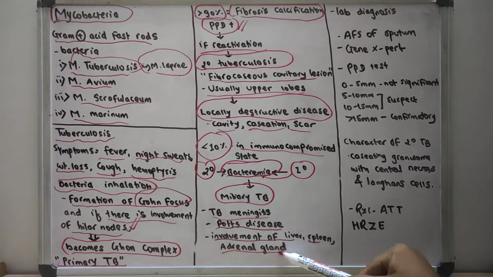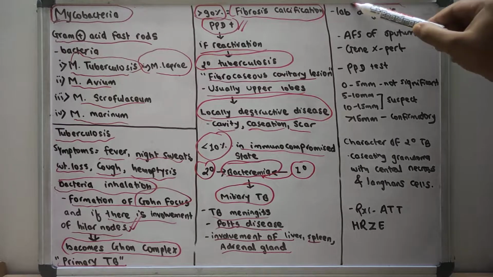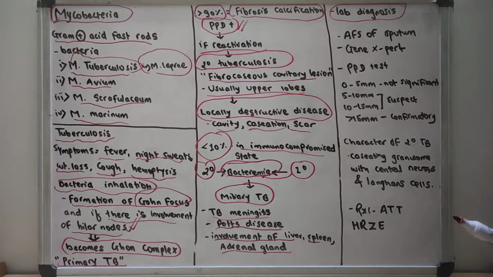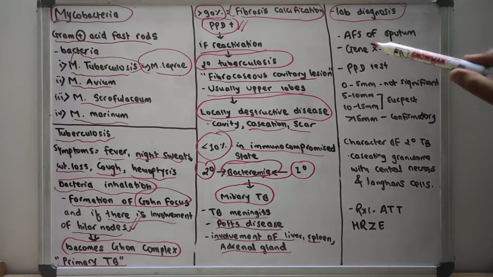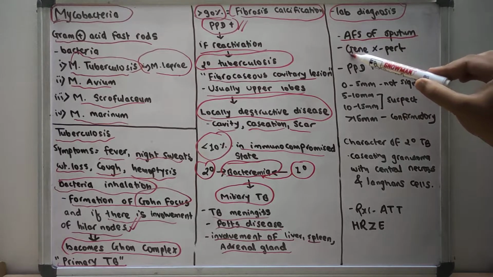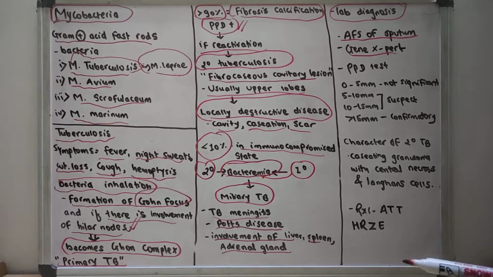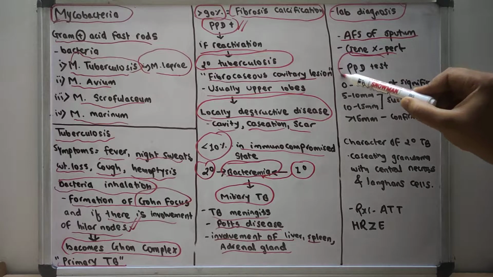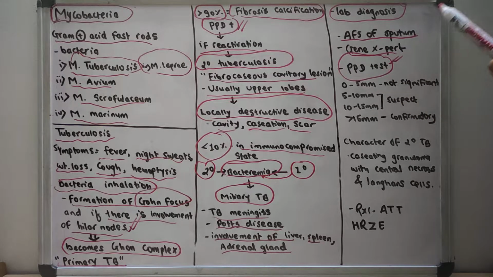Now let us talk about laboratory diagnosis of tuberculosis. We can directly visualize the bacteria by acid-fast stain of the sputum, and we can also do GeneXpert. We can also do the tuberculin test. We also call it the purified protein derivative test. At the site of the lesion, there is formation of a wheal and there is formation of erythema in the purified protein derivative test.